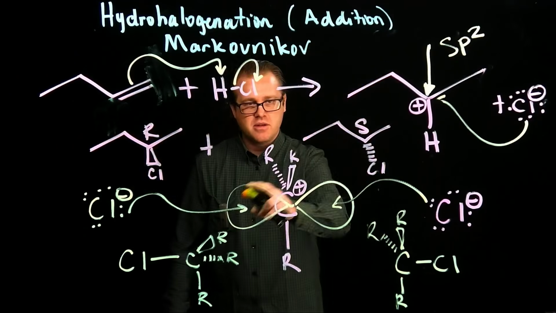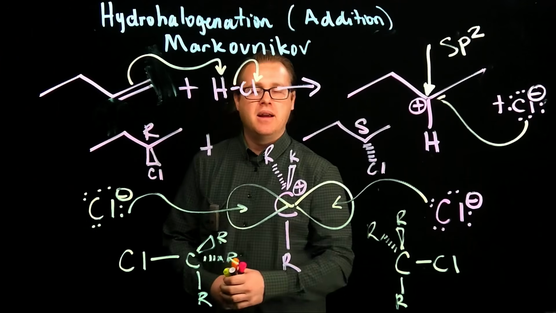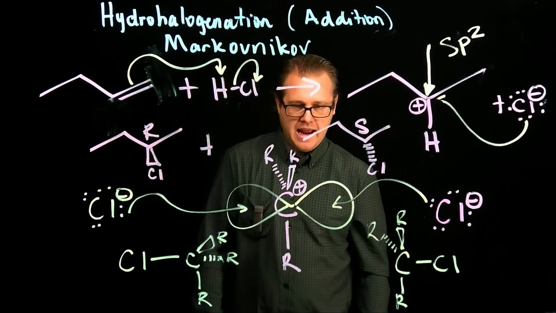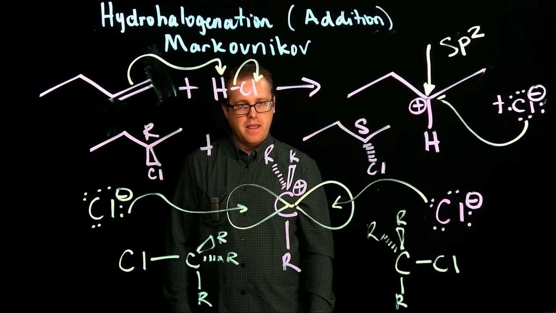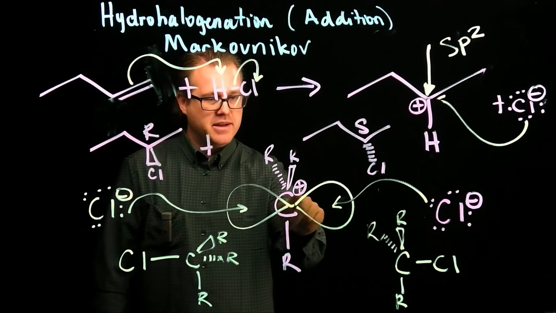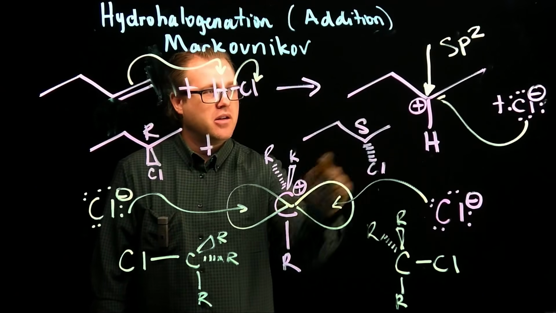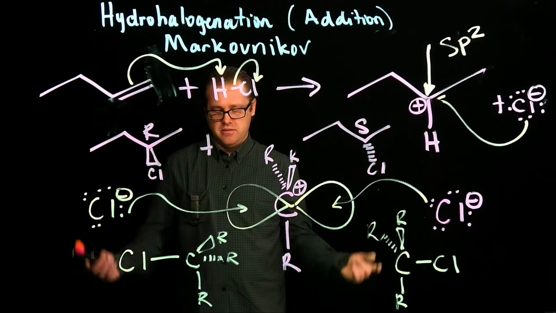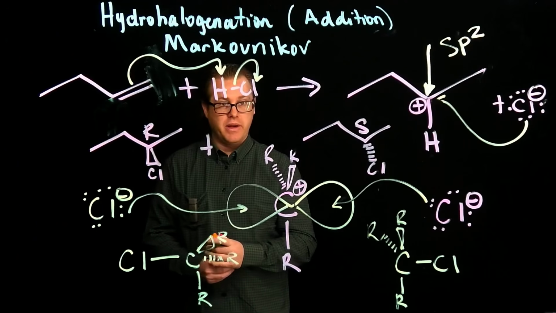The mechanism shows us that it is going to be a mixture of the two, and we are going to have an R and an S. And it all has to do with the hybridization state of this carbon here, or that carbon there, that helps us understand what the stereochemical outcome is going to be.